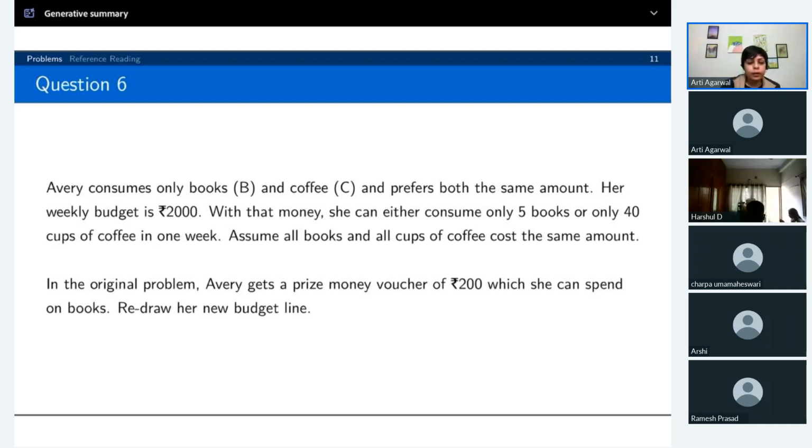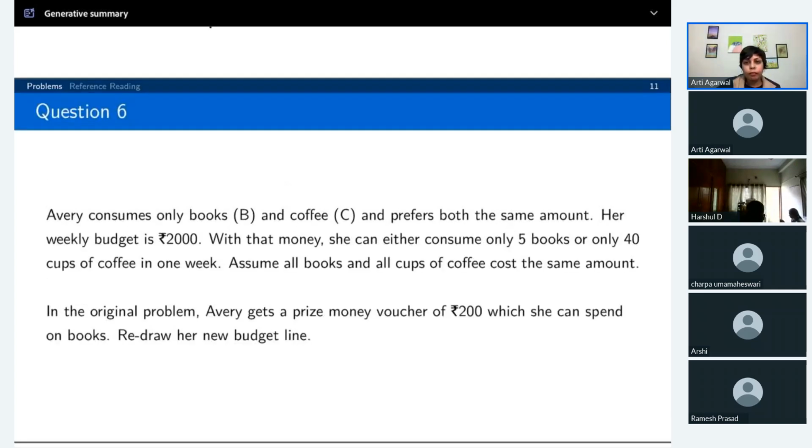I'll give you a few minutes to think. What do you think it's going to be? Will the income increase or not increase? I just want you to think about that. And if it increases, is there some other condition also on it? Because it's an important point.